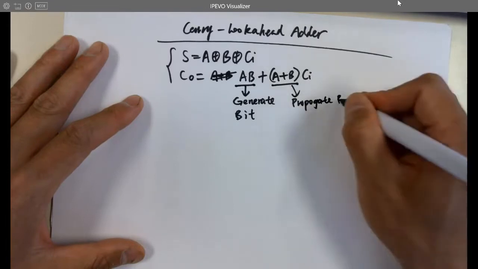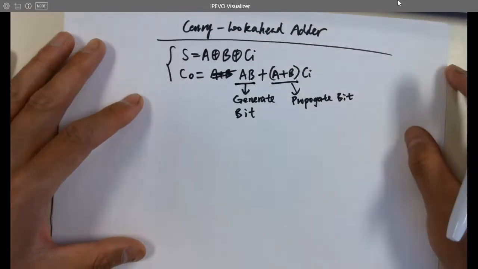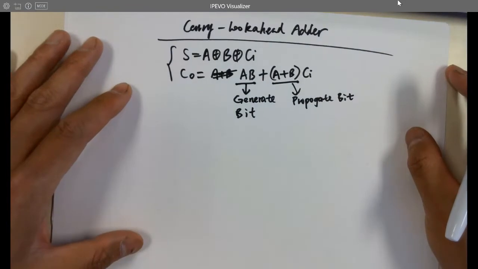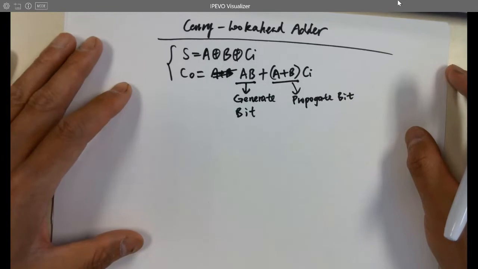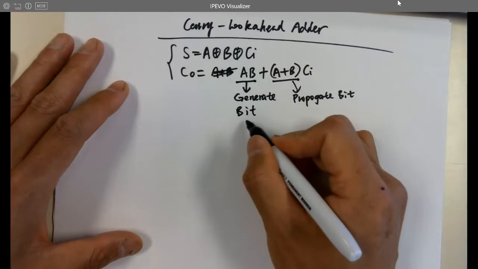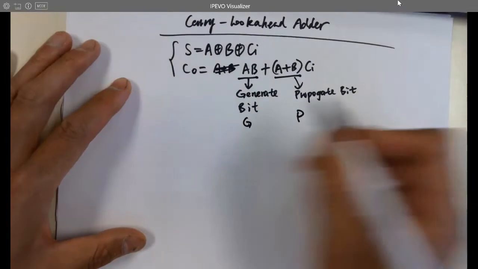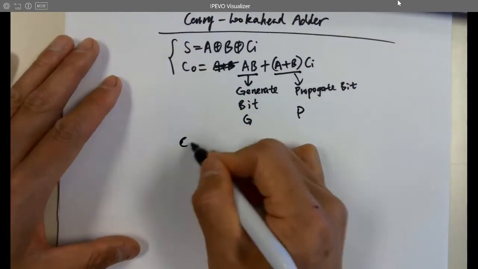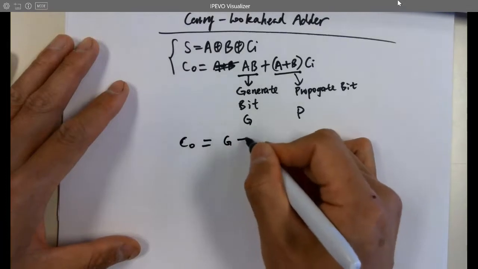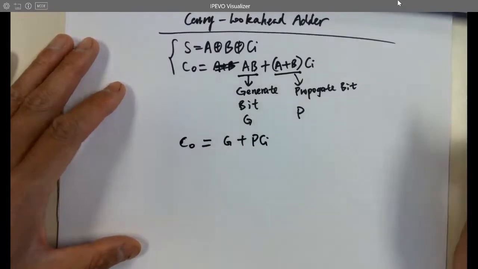You'll see why later. Yeah, propagate bit. Sounds weird, right? Like propagation. So that's G, that's P. So CO can be rewritten as G or PCI, right?